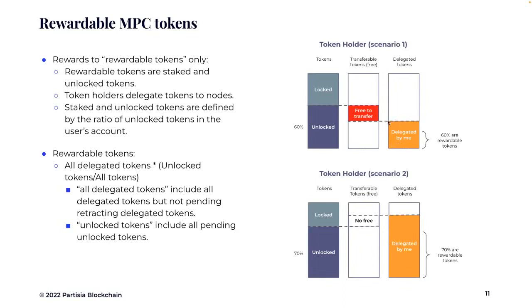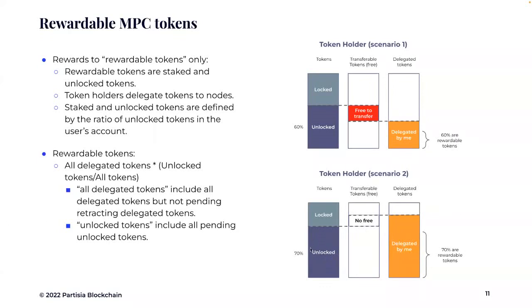In the first scenario here, we also have that there are free transferable tokens, since the number of delegated tokens is less than the number of unlocked tokens. In the other example, there are no free tradable tokens, since the number of delegated tokens exceeds the unlocked tokens.